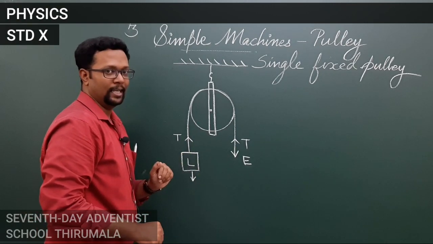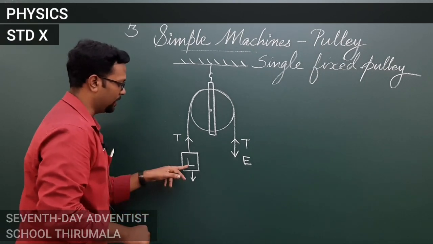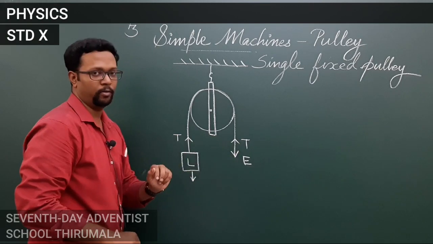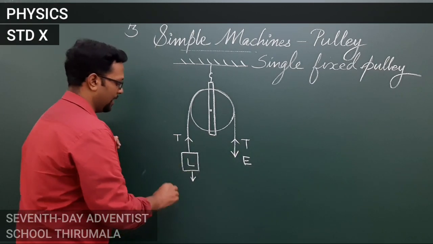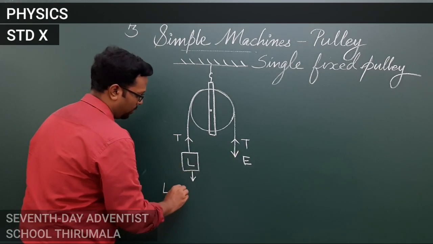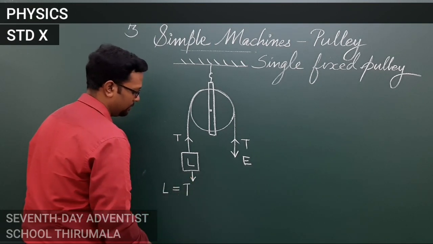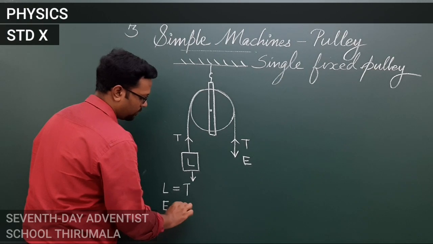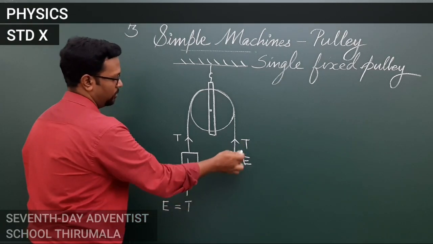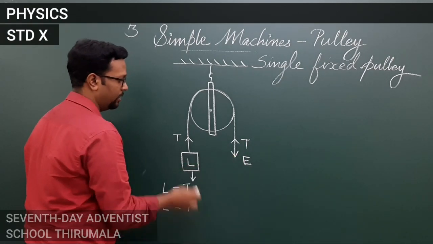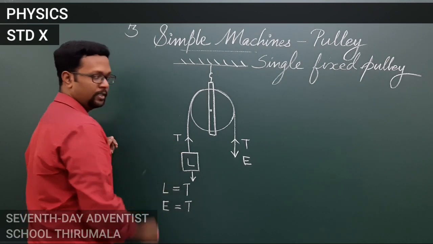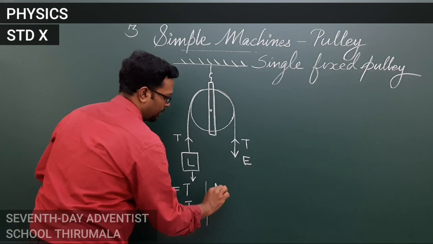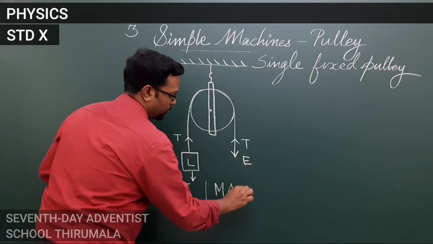So in a single fixed pulley, the load is supported by tension and the effort is also supported by tension. That means load is equal to 1T and effort is also equal to another T. So this T is supporting the effort and this tension is supporting the load. When we are calculating mechanical advantage, what was the formula?